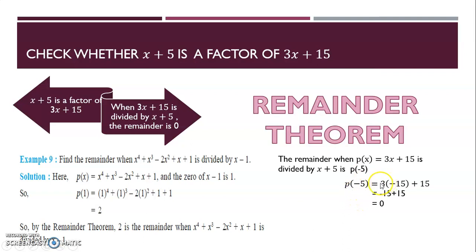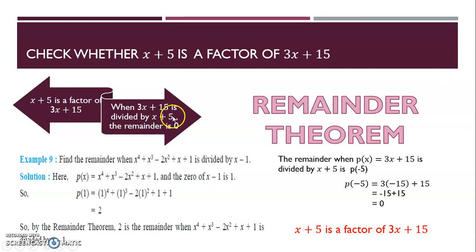So p of minus 5 is 3 times minus 5 plus 15, which is minus 15 plus 15, which is 0. So the remainder when 3x plus 15 is divided by x plus 5 is 0.